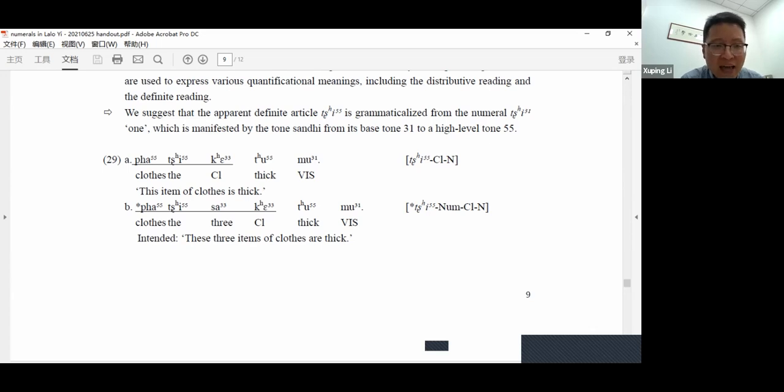But for classifier languages, they can never do so. They must always use the numeral classifier as the minimal constituent. That's my own understanding of what is a classifier language. Yeah, thank you very much.